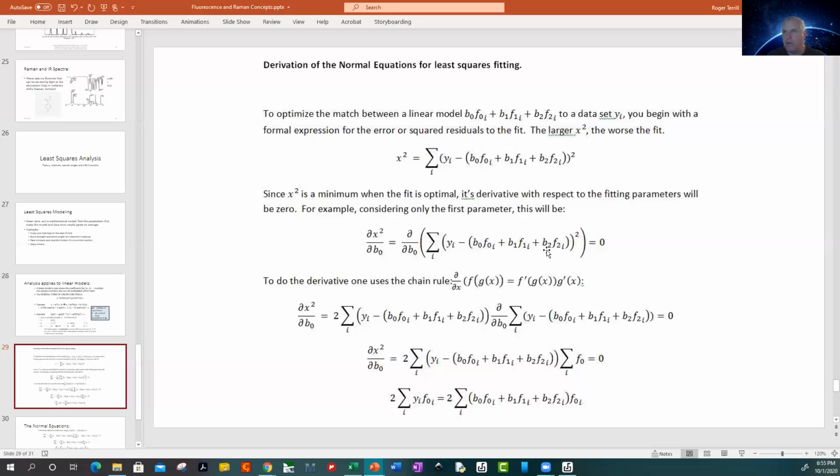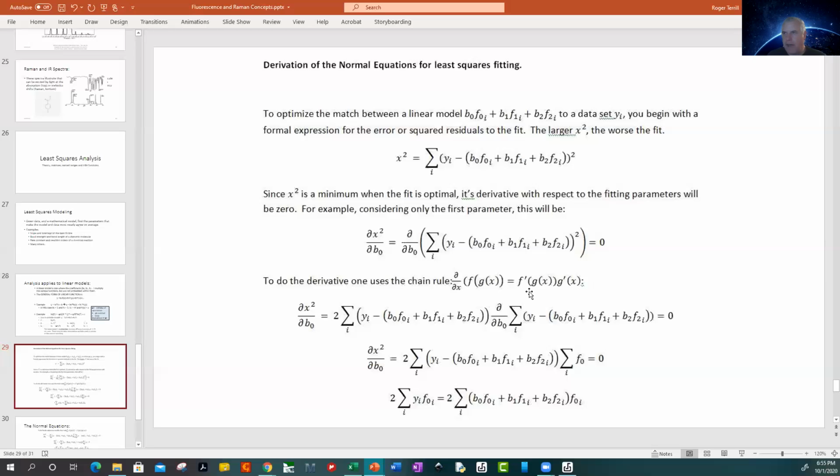Well, the first thing you do is apply the chain rule. The chain rule for partials says that d by dx of f of g of x is equal to f prime of g of x times g prime of x.